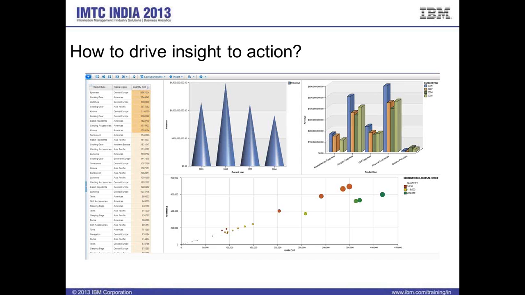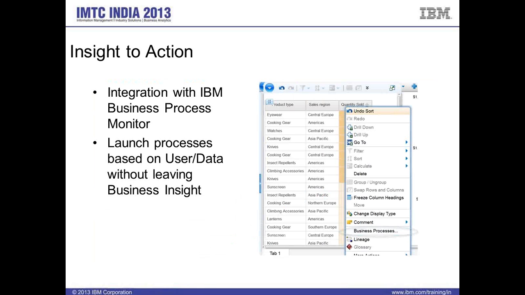On the right-hand side, we have multiple charts which show the status of the organization. On the left-hand side, information for a particular organization, with the actual data which is available on the dashboard. On the next slide, you can see that I can select the particular data from a list, and then I can simply right-click onto the data and say pass on that context to a business process.